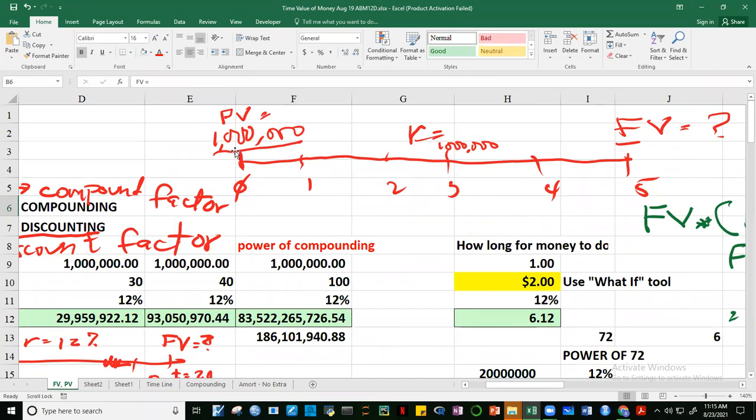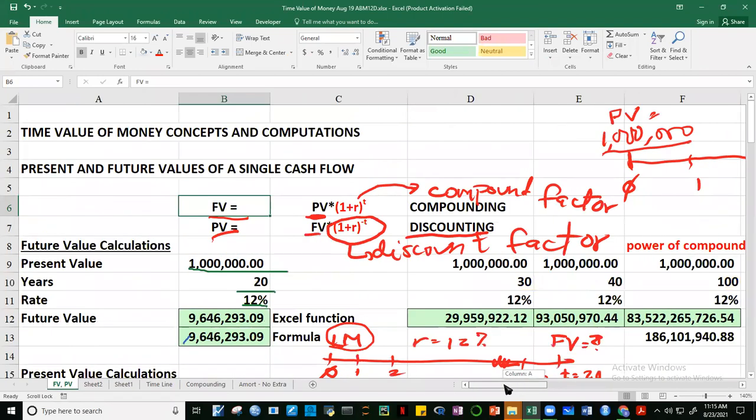So the process of getting the equivalent future value is called compounding. In order to get the future value, we multiply the present value with a certain factor, 1 plus r raised to the t, and it's called a compounding factor.